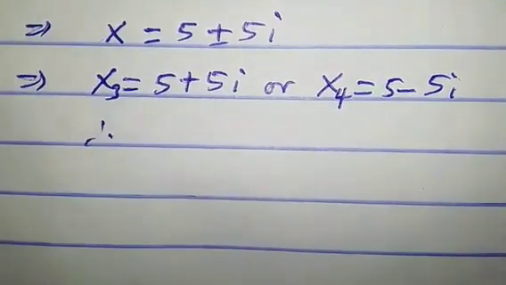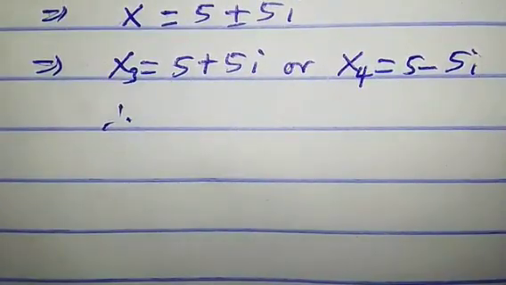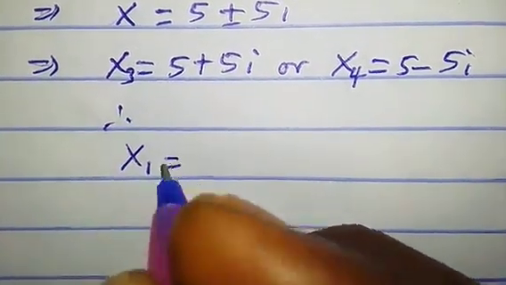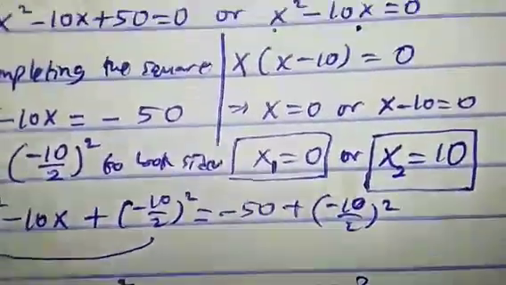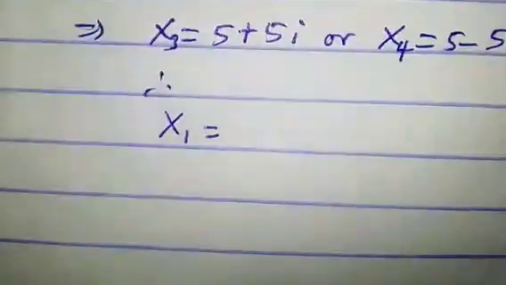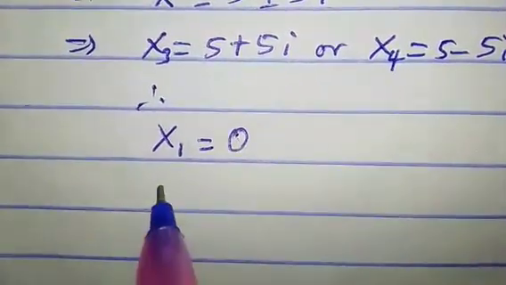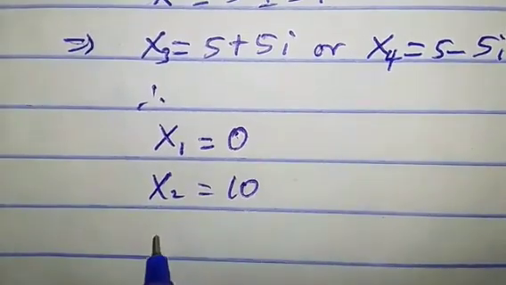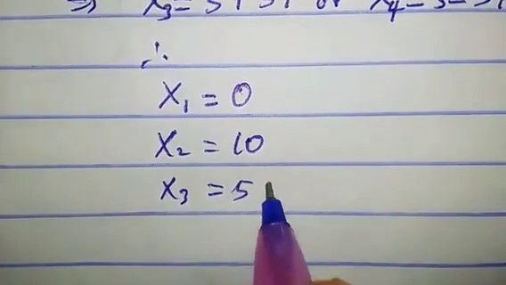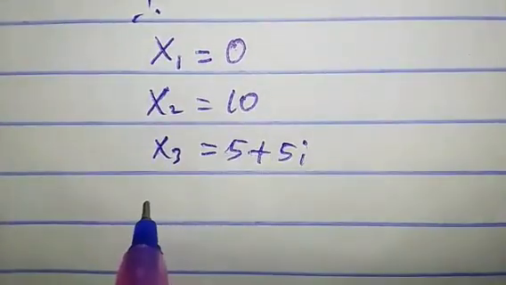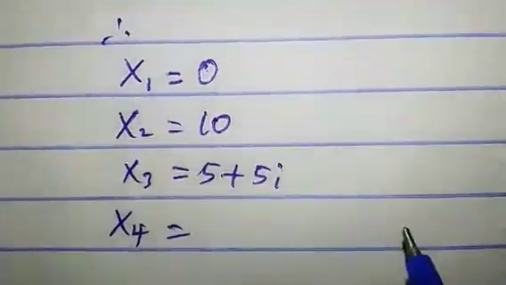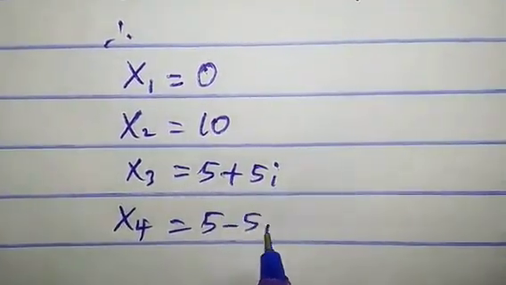So therefore, all the solutions that we have for this algebraic equation: x1 is 0, x2 is 10, x3 is 5 + 5i, and last but not least, x4 is 5 − 5i.